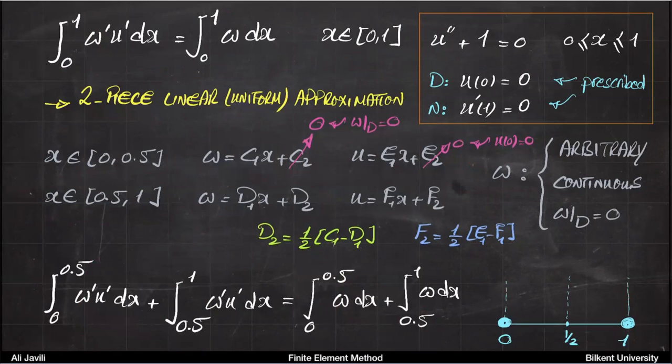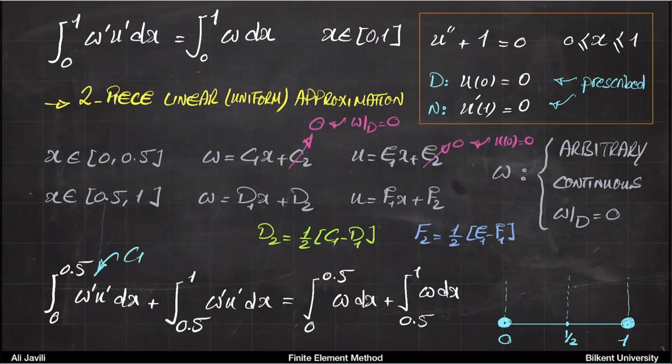Okay, so let's look at this. From what you have here, what are W prime and U prime? So in the first piece, you can see that W prime is C1.